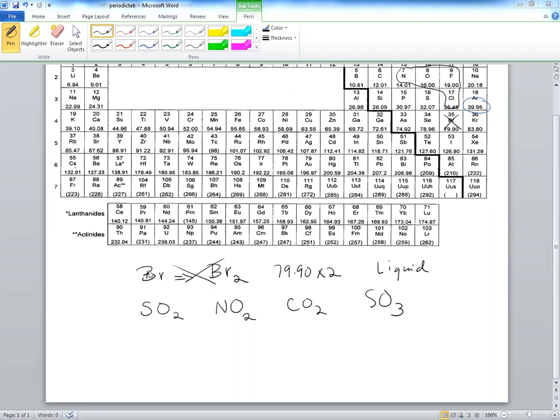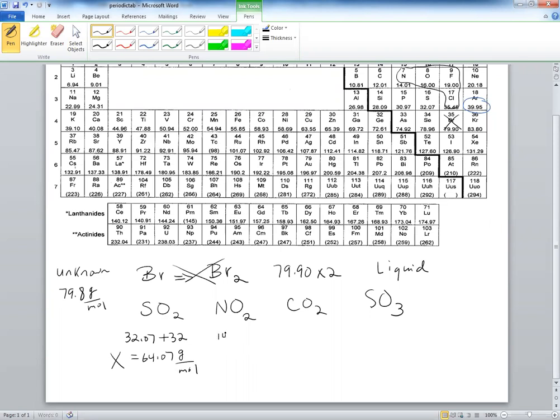So the molar mass of SO2: you have 2 oxygens and a sulfur. This is the molar mass of sulfur, 32, plus 32 because you have 2 oxygen atoms, each 16. So that would give you around 64. Our unknown molar mass is 79.8. So notice how it's not this one.